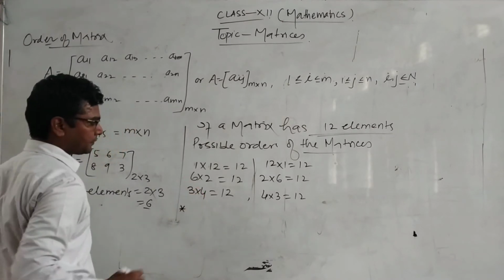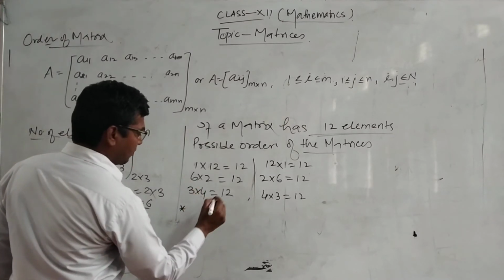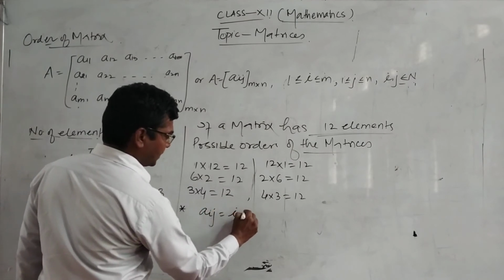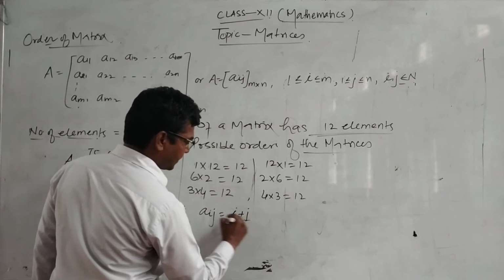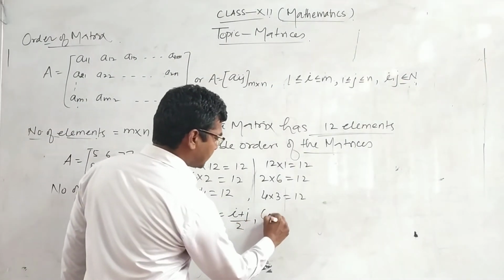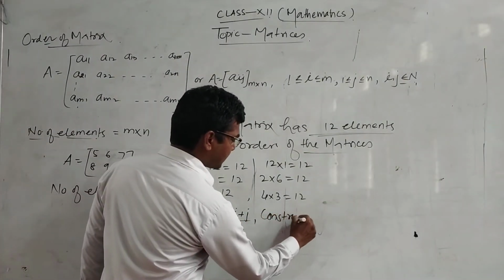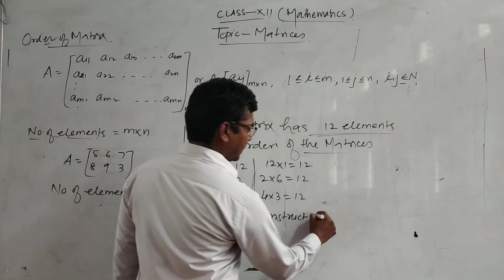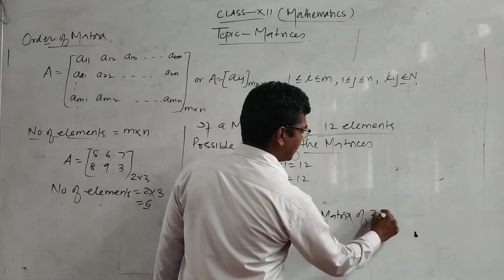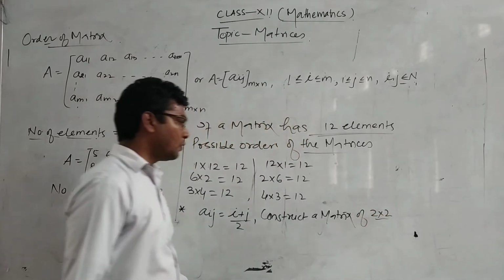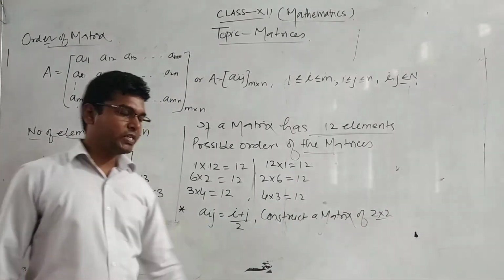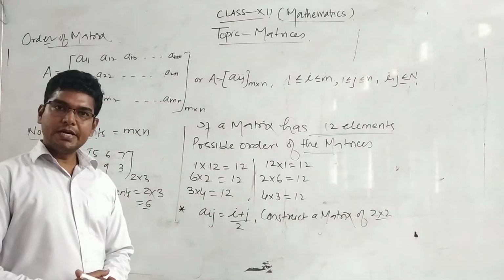Let an element of the form I plus j by 2 be mentioned here, and we want to construct a matrix of order 2 by 2. We want to write a matrix of order 2 by 2 which follows these conditions.